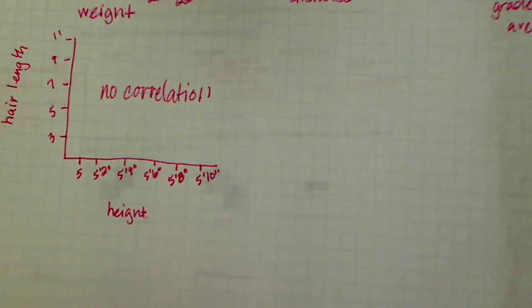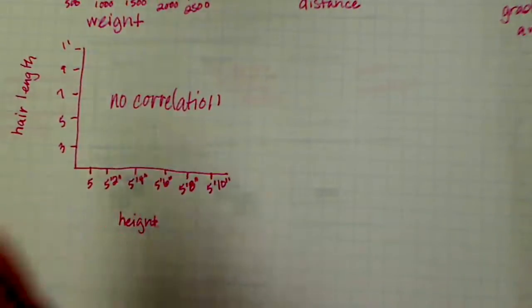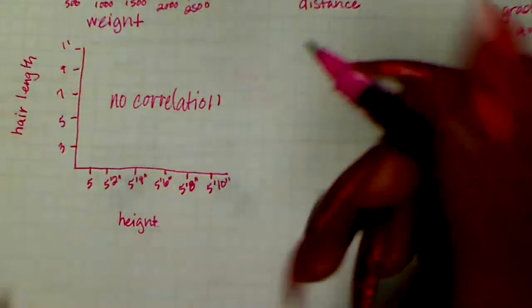No. So the older ones, closer to 3 years old, probably have longer hair, and the younger ones, like 18 months, would probably have shorter hair just because they haven't been alive as long to grow their hair. But with adults, hair length is not related to height because we make the decision to cut our hair and do things to it. So this is no correlation. There is no relationship between hair length and height, okay?